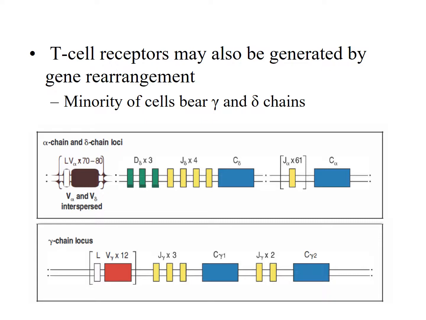We also see that the receptor potential can be generated just by sheer rearrangement of genes. Specifically, we're going to see this with the gamma, the delta, but you see this sometimes in the alpha. What we see happen is that the genes will be cut out, moved around.